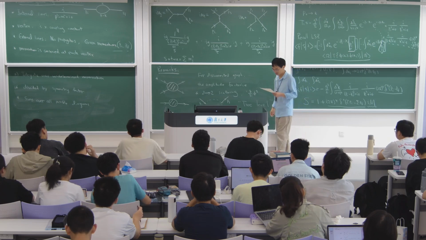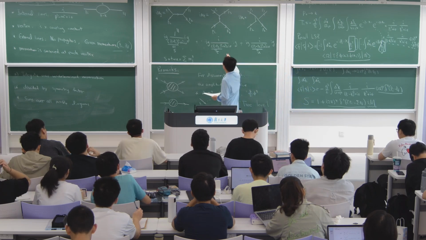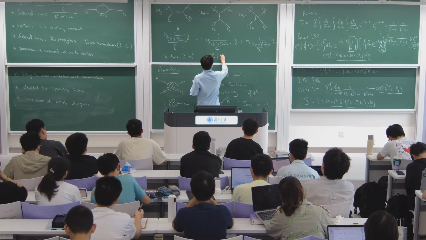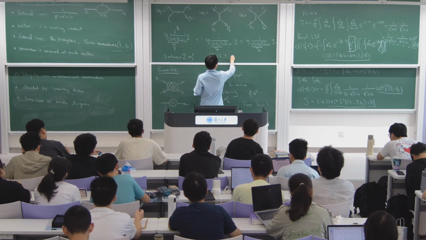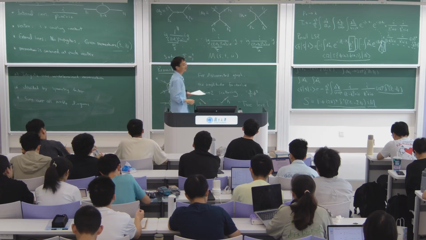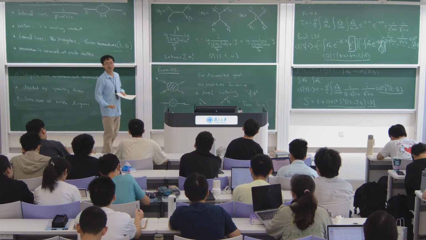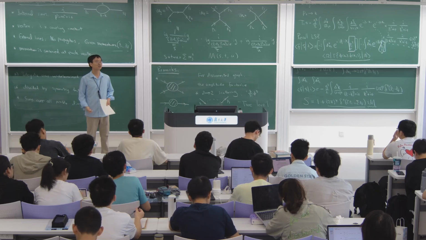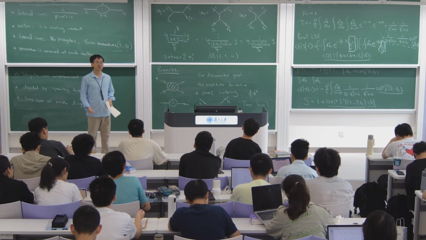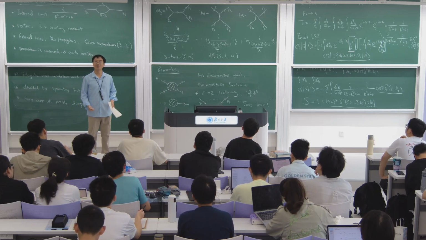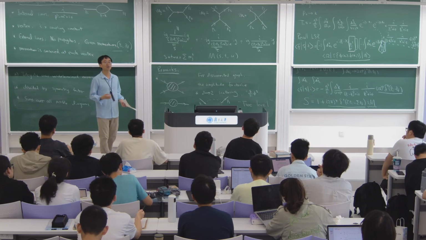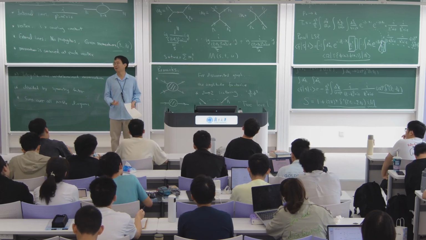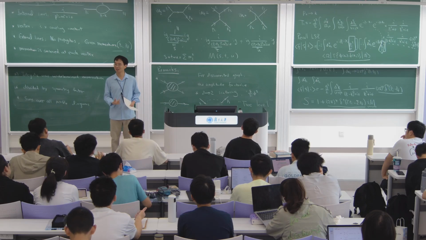So the final result, the amplitude, is a function of S and T and U. The point is all these new variables, S and T and U, are Lorentz invariant. This is good because the result does not depend on the frame. The fundamental variables are Lorentz invariant, so you can choose whatever frame you like.